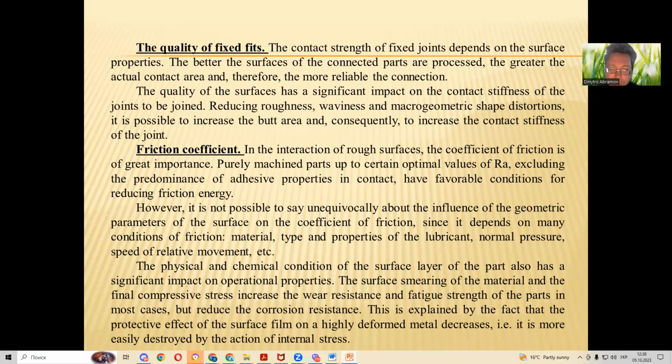However, it is not possible to say unequivocally about the influence of the geometric parameters of the surface on the coefficient of friction, since it depends on many conditions of friction: material type and properties of the lubricant, normal pressure, speed of relative movement, etc.